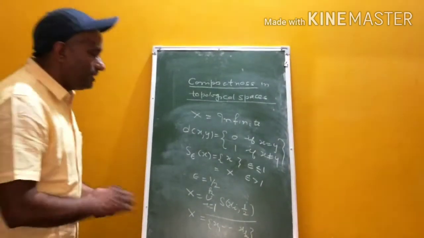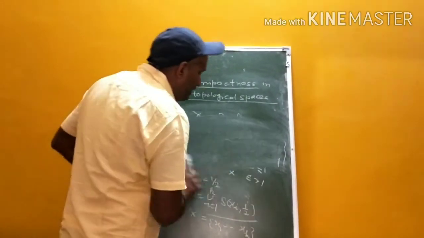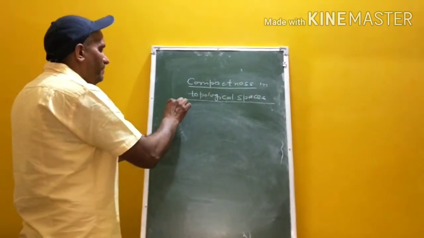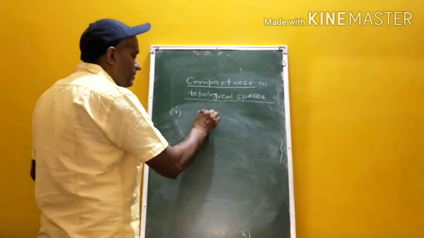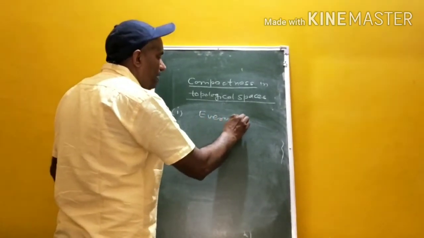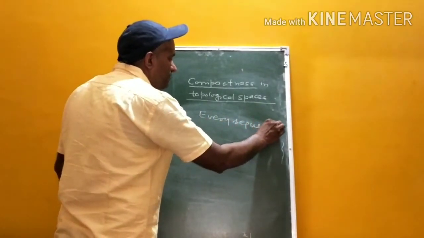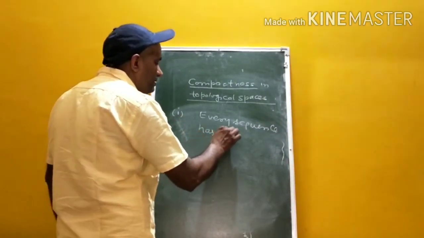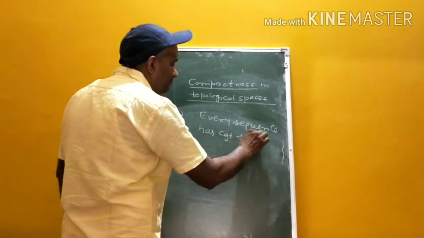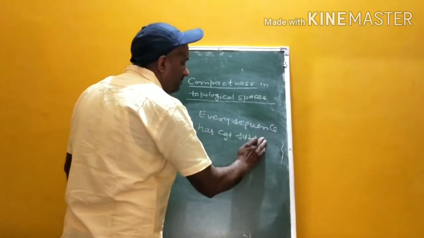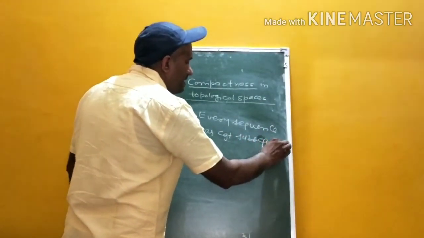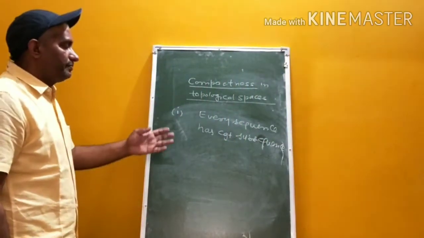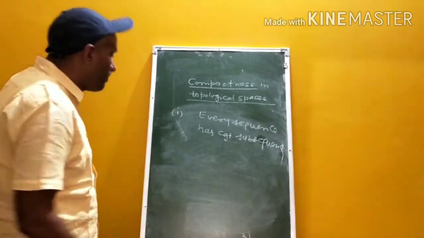Compactness in metric space we will deal with by considering whether every sequence has a convergent subsequence. If we can draw a sequence, and from that sequence draw a convergent subsequence that converges into that set, then we say that metric space is compact.